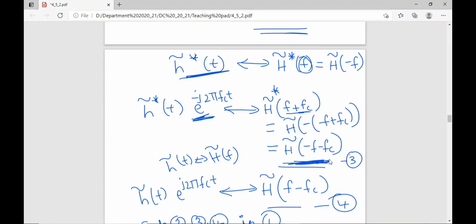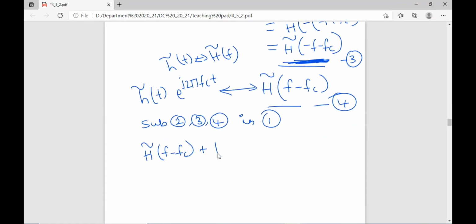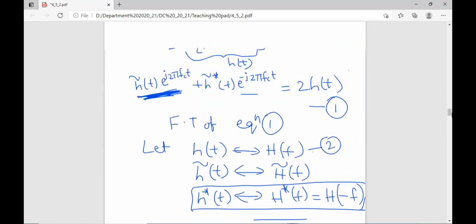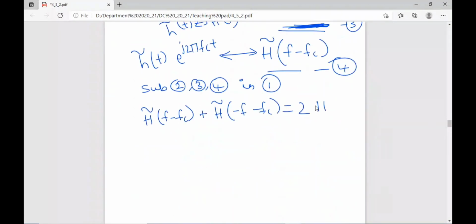Its Fourier transform is this one only. So I will replace that with h tilt star of minus f minus fc, which is equal to 2 times h of t, which is equation 1. In place of h of t, I will substitute h of f. Anybody have doubts until here?